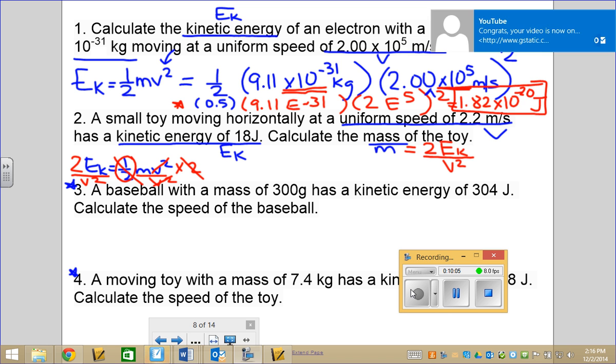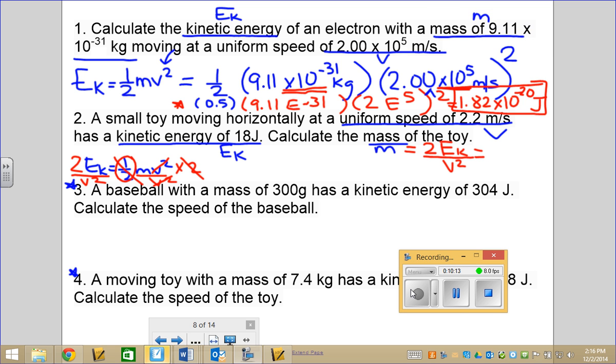Now, if you were using 0.5 instead of a fraction, you might have EK divided by 0.5 times V squared, which means exactly the same thing. So I'm just showing you two versions depending on what way you were representing the half.